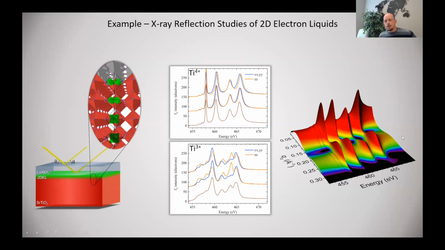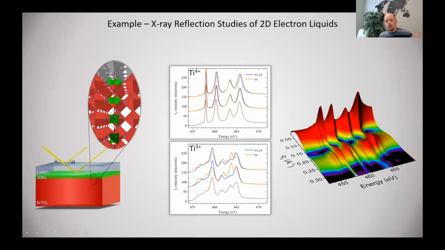This is the case I'm showing here if there's no electron liquid at the interface. And then if I flip ahead, this is what we would predict to see if there was an electron liquid there. I like this kind of jarring effect, because what we're studying here is really just 1 or 2 nanometers of material that is buried maybe 5 or 6 nanometers below a surface. And we can see this very strong effect in the reflection.